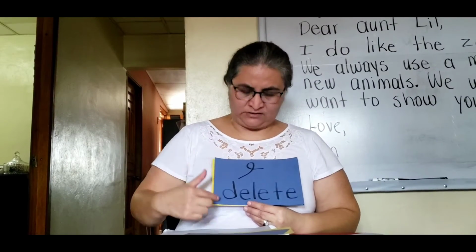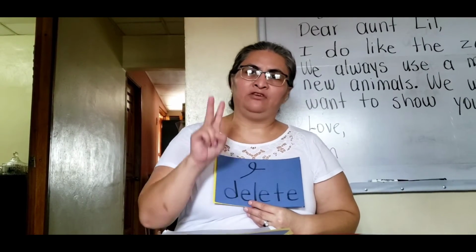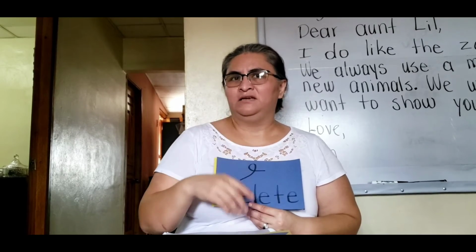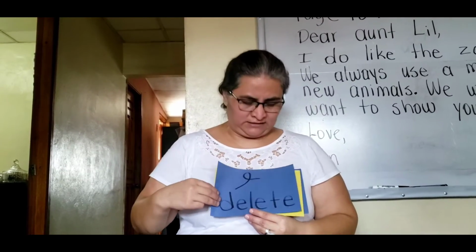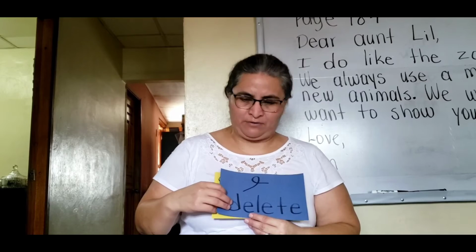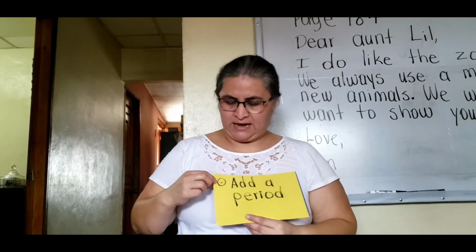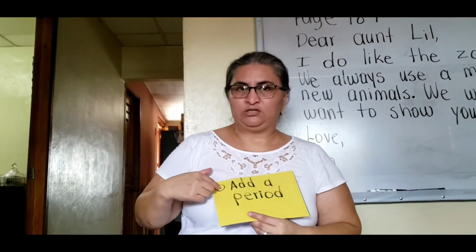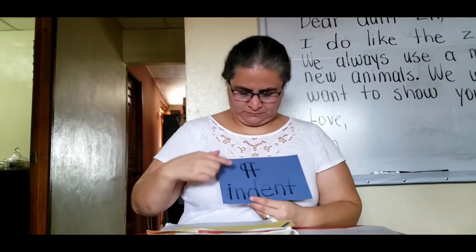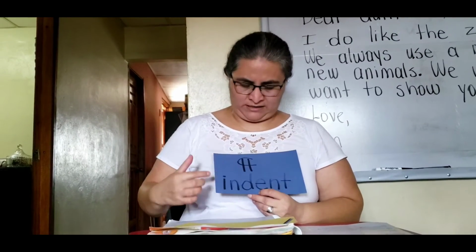This sign is to delete. For example, if you have a word twice, you can use this to delete the unnecessary word. This one, you remember, is to add a period. This sign is new and is to indent.